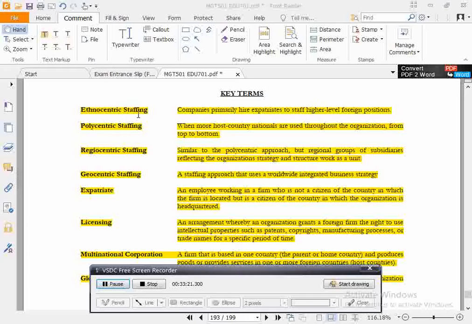Ethnocentric staffing: companies primarily hire expatriates to staff higher level foreign positions. Polycentric staffing: when more host country nationals are used throughout the organization, from top to bottom.